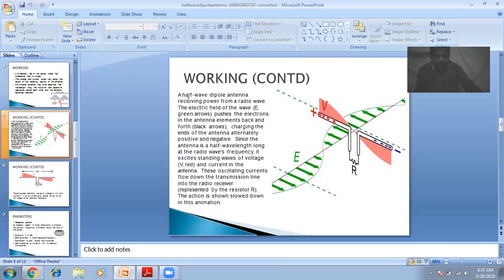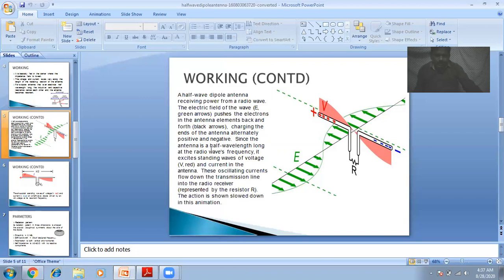Let us see. A half wave dipole antenna is receiving power from a radio wave. Here the electric field is represented by green arrows, and it pushes the electrons in the antenna back and forth, charging the ends of the antenna alternately positive and negative.